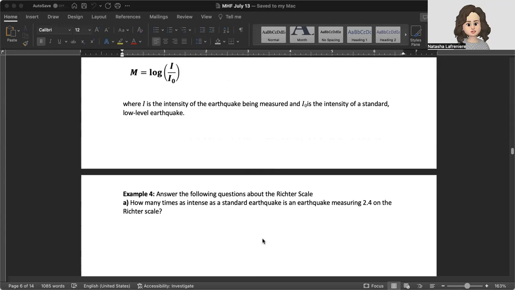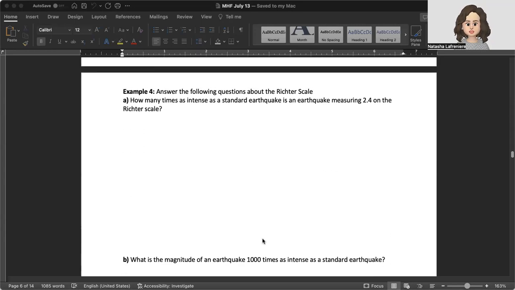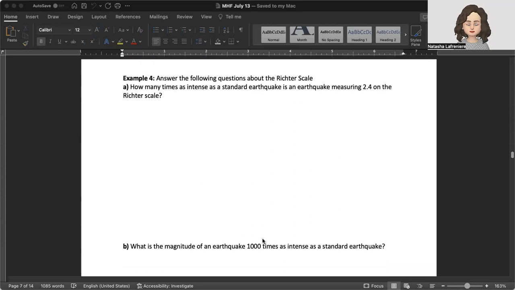And so we're going to keep going. We've got an example for that. And then that's it for today's lesson, which is pretty easy peasy. So how many times as intense as a standard earthquake is an earthquake measuring 2.4 on the Richter scale? So I need my pen.